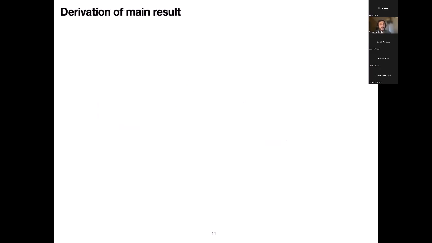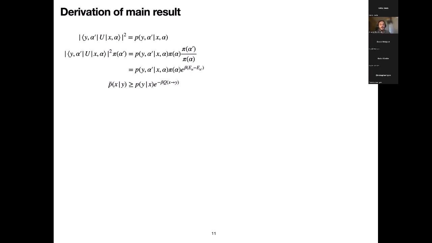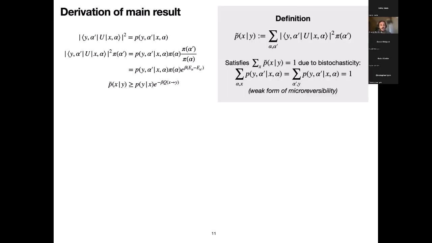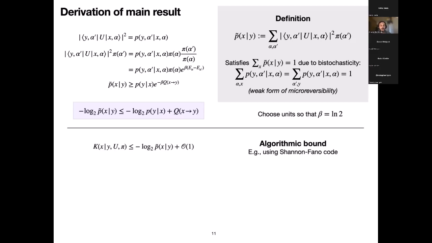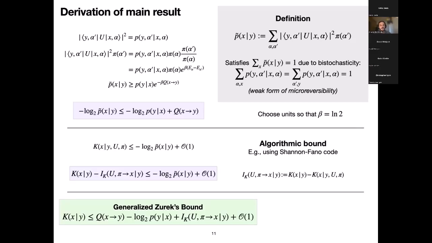Given the time, I won't go over the derivation of the result. I'll just say that it has to do with a very weak form of micro-reversibility, which is used when deriving quantum detailed fluctuation theorems and generally Hamiltonian detailed fluctuation theorems. I'll just say one thing, which is we can think of the result as a kind of algorithmic detailed fluctuation theorem.